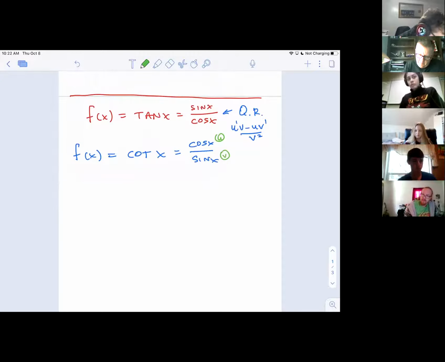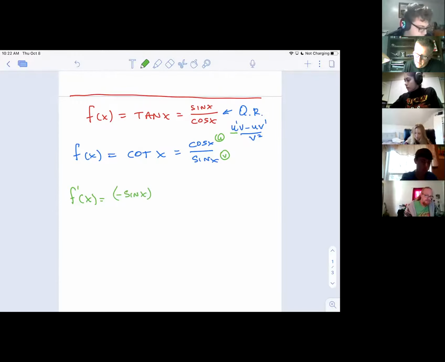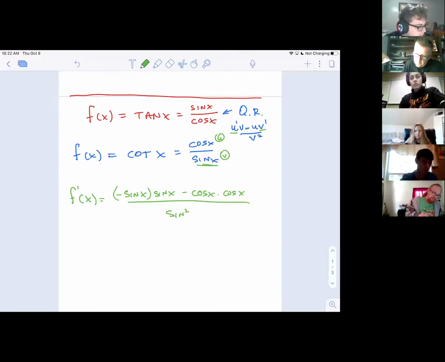Let's see if we can figure out the derivative of cotangent. u prime, the derivative of cosine, we just reminded ourselves, was negative sine, times v left alone, the sine left alone, and then it's always a minus sign. Then u gets left alone, the cosine, times the derivative of the bottom. The derivative of sine, we said, was cosine. And that's all over v squared, the bottom one squared, all over sine squared.